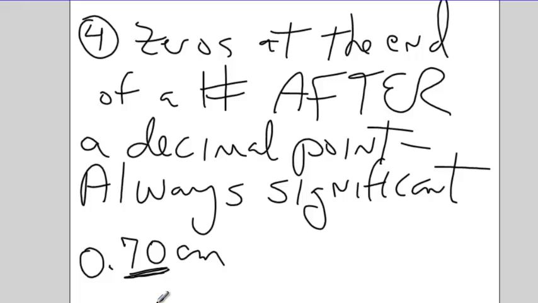It's significant because the only reason someone might have had to write it is to tell you this was their estimated digit. They really mean it's 0.70 centimeters. Their 7 was not estimated. It was the 0 that was estimated. That's why zeros at the end of the number after a decimal point are always significant.